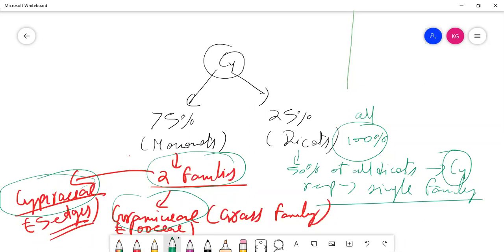Keep this in mind. Which is this family? Can you tell me? That is a big figure, 50% of all the dicots are only represented by a single family. And what is that? That family is Amaranthaceae.